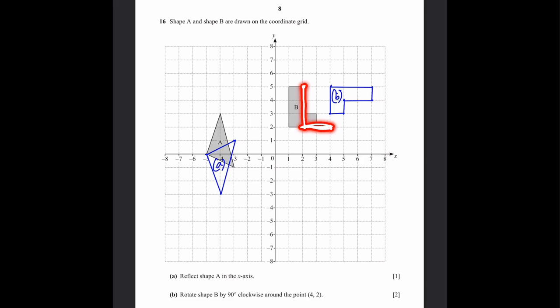This line here, using the 9 o'clock, 12 o'clock technique, goes 90 degrees to 12 o'clock, same length 2 units, so it'll come here. Now this line over here, we rotate it on this point, which is 4, 2, that one there. And if we rotate similar to the diagonal way, this line will rotate to here.